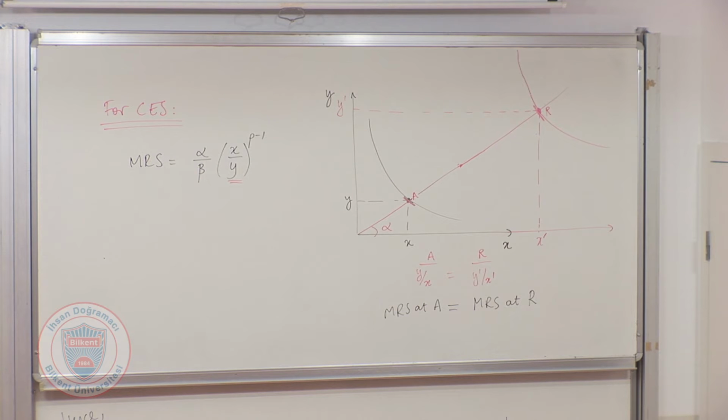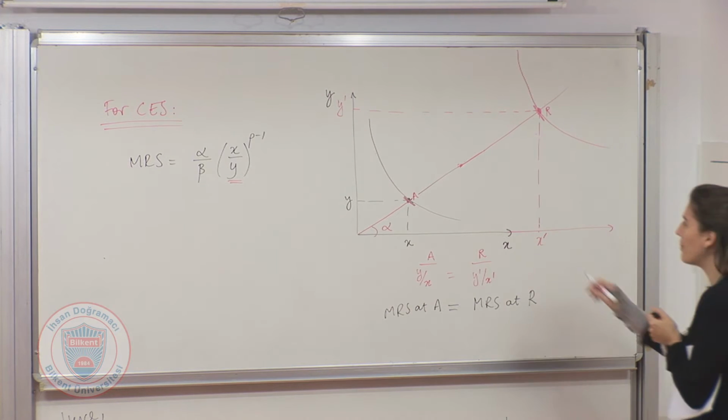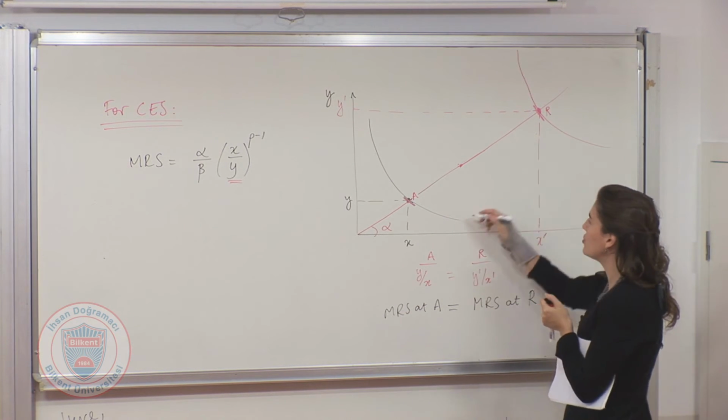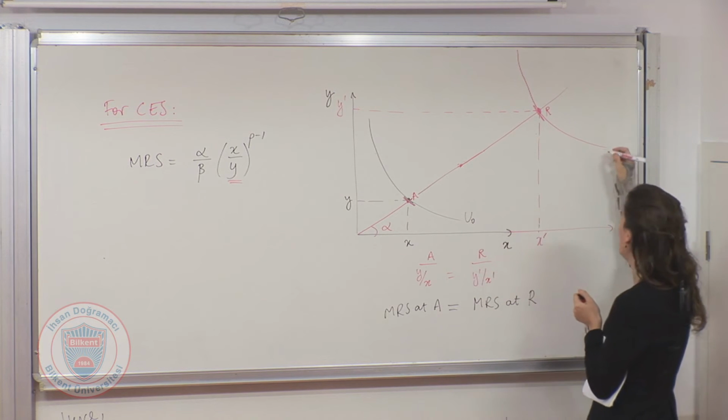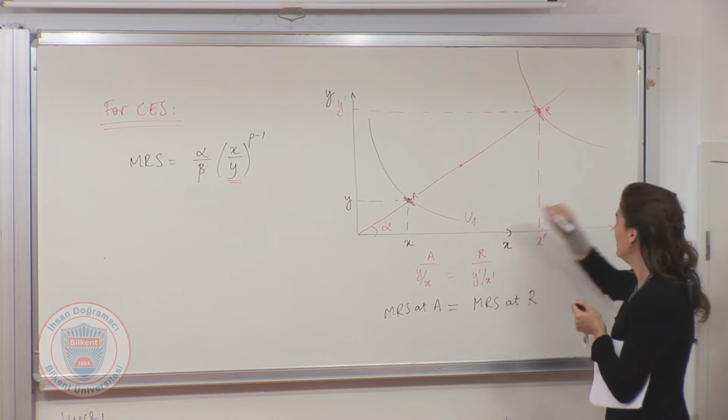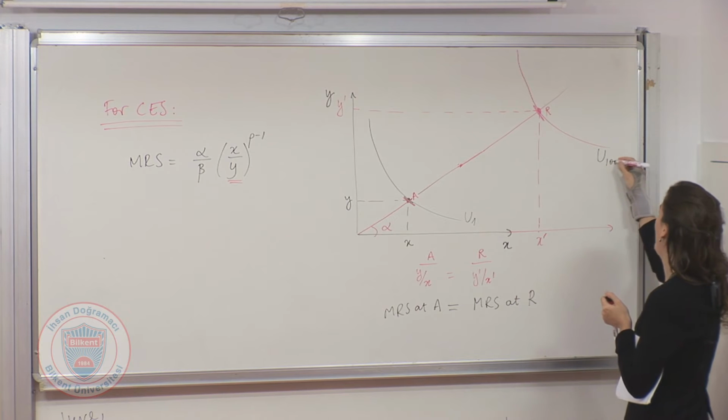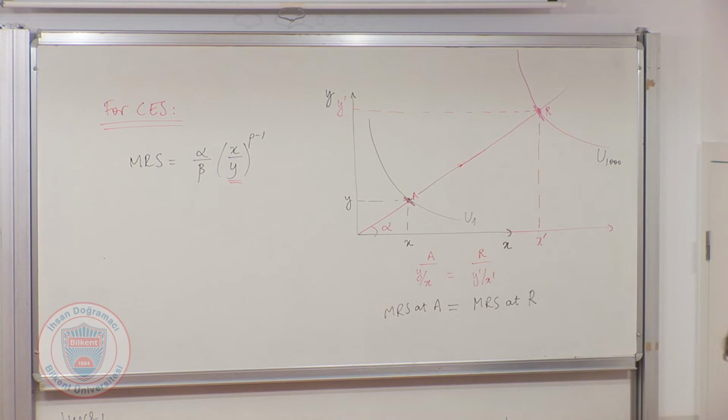So it says that even if Akbaba is here and Rahmi Koç is here, let's say this is U0, or U1, and this one is U, I don't know, 1000, okay?